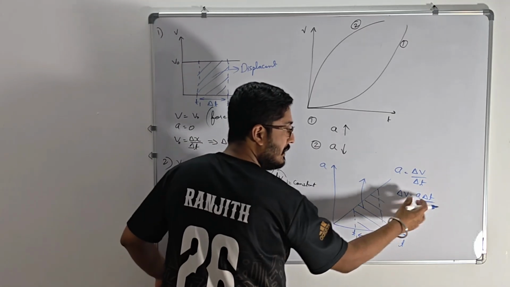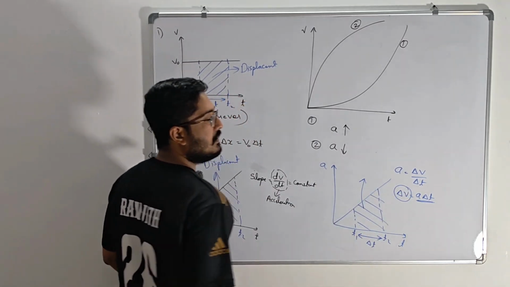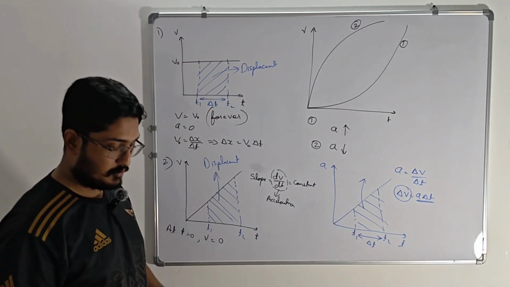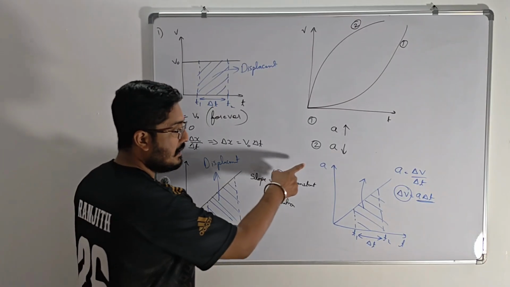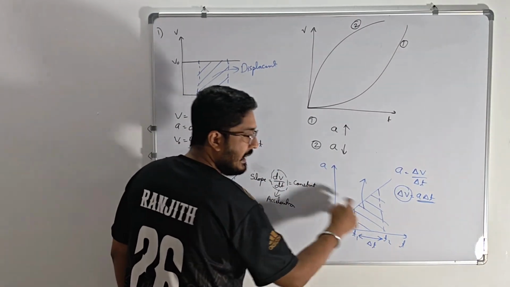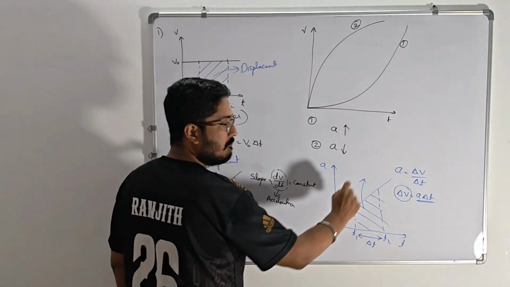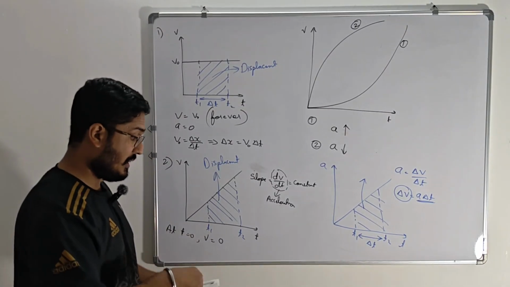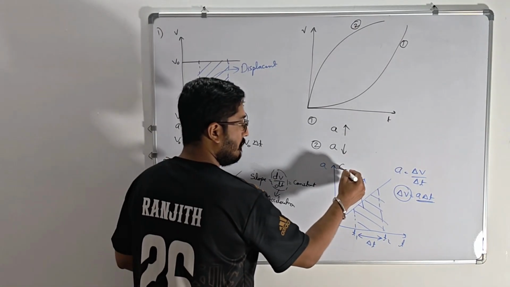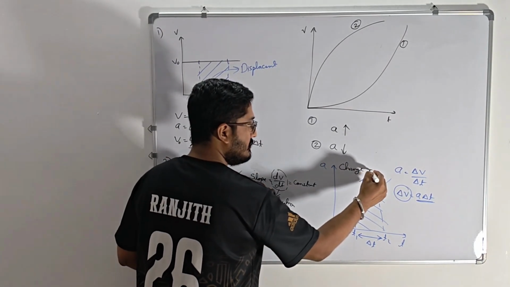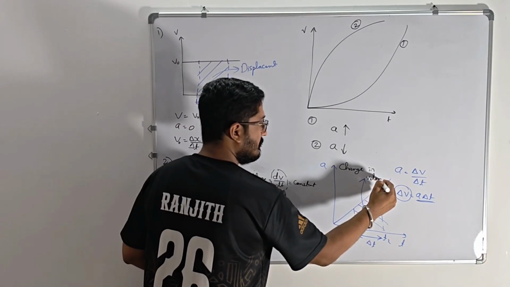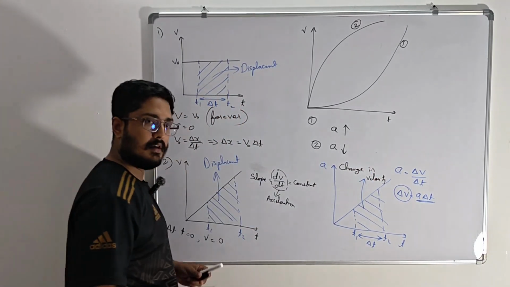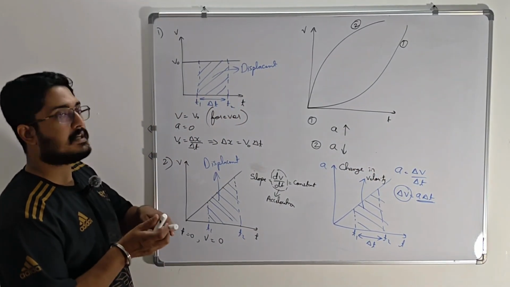That A delta t value comes out to be delta V. So the point is, area under the graph of A and T does not represent velocity, it represents change in velocity. Very, very important. Change in velocity. Please remember this.